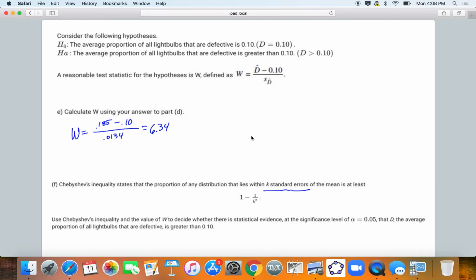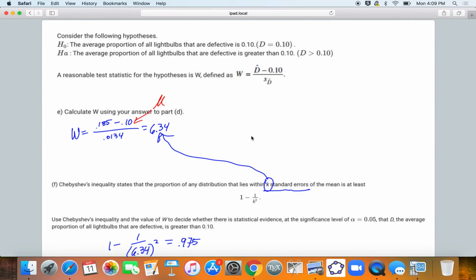So this is essentially k, because that's the number of standard errors from what we assumed to be the mean, right? Is at least 1 minus 1 over k squared. So if I use my value, 1 minus 1 over 6.34 quantity squared, I get 0.975.